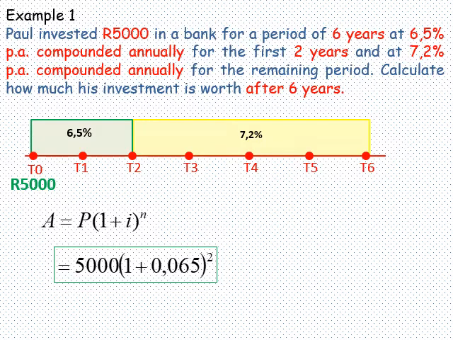Then you must realize that that answer now experiences another 4 years. It exists for another 4 years in the account because to get from T2 to T6 you go through 4 years, but the interest rate changes.